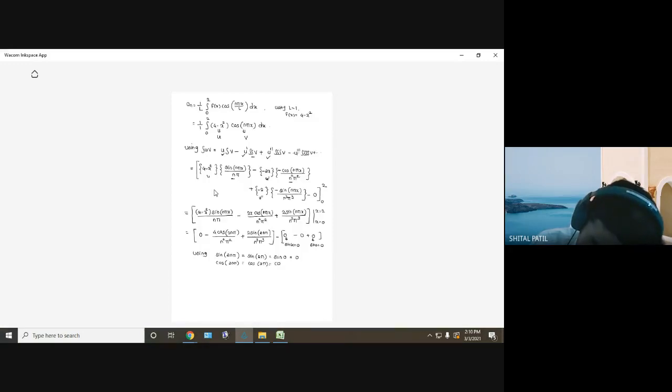All are the same only. And what is cos of 0? 1. I'm using these 2 values. Remember these values also. In fact, I forgot to give you these formulas. They might be known to you from the 11th or 12th. So I'll use these formulas. Therefore, cos of 2 n pi is 1. So I have the first term 0.